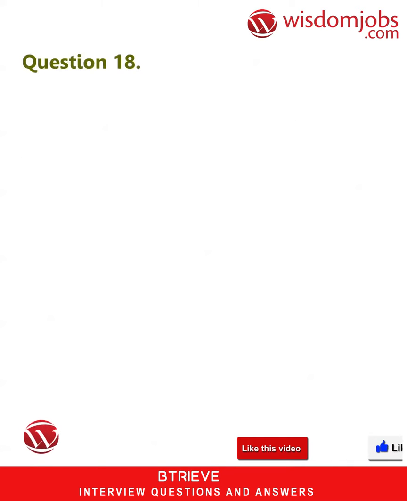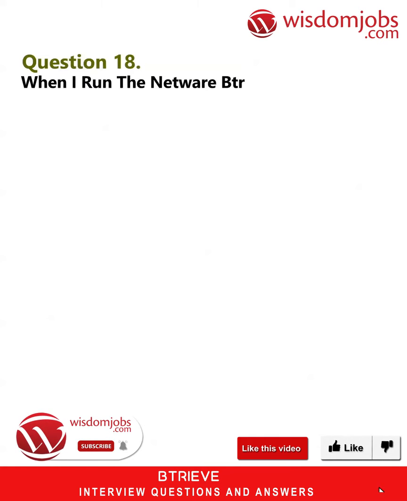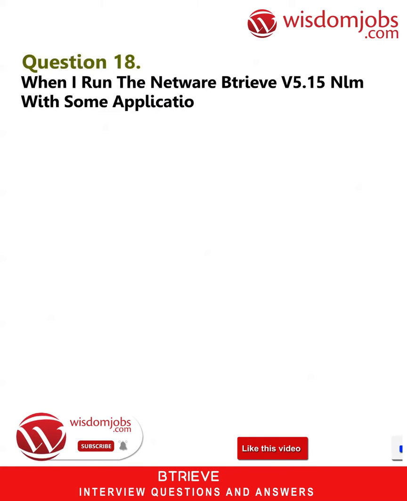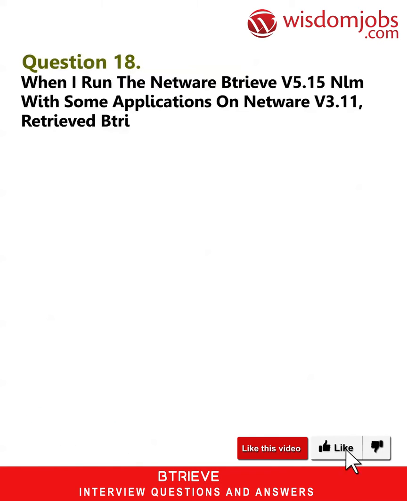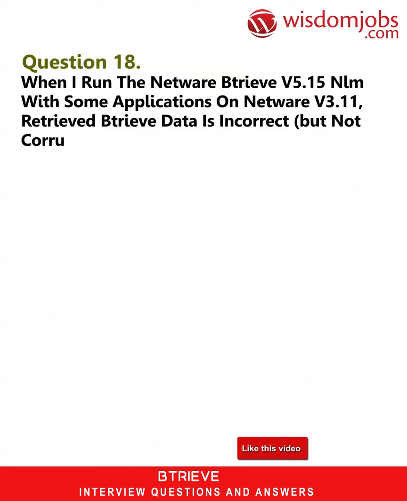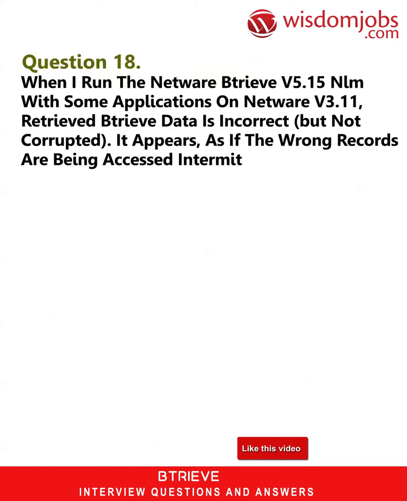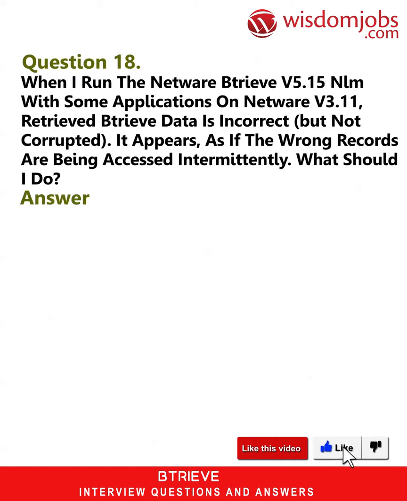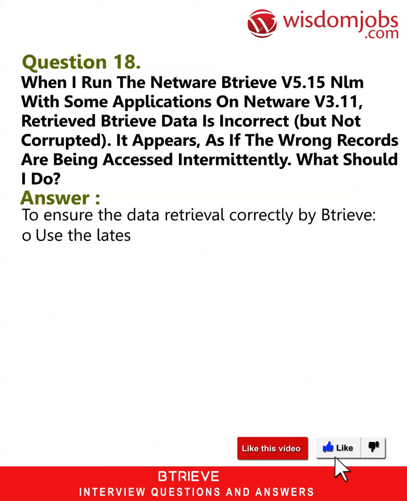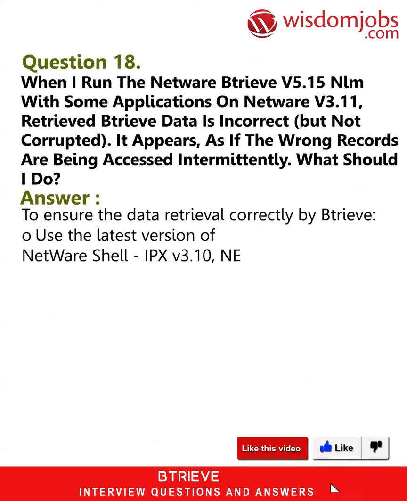Question 18. When I run the NetWare Btrieve v5.15 NLM with some applications on NetWare v3.11, retrieved Btrieve data is incorrect but not corrupted. It appears as if the wrong records are being accessed intermittently. What should I do? Answer. To ensure correct data retrieval by Btrieve, use the latest version of NetWare shell IPX v3.10, NETX v3.22 or NETX v3.26.